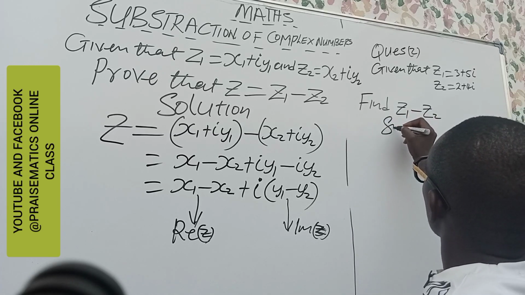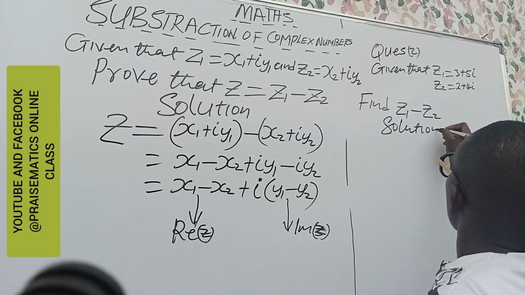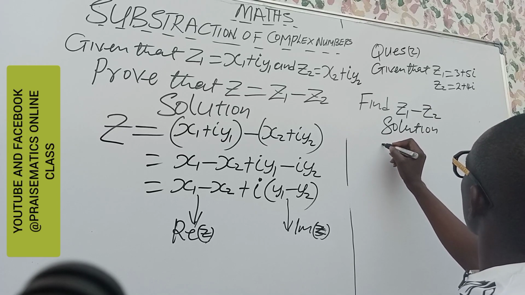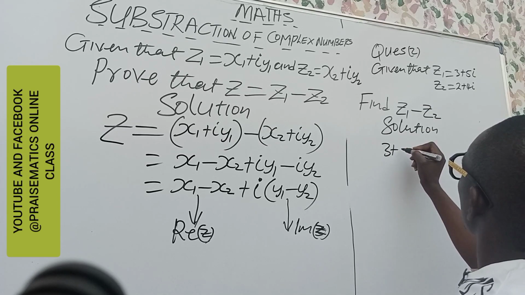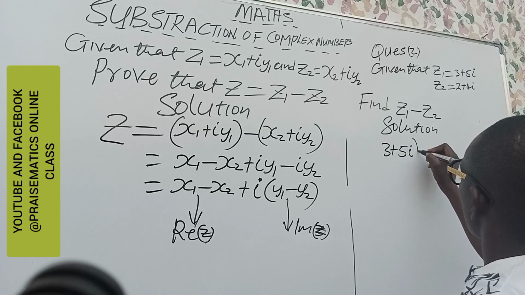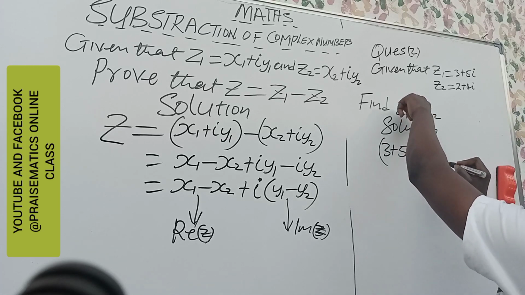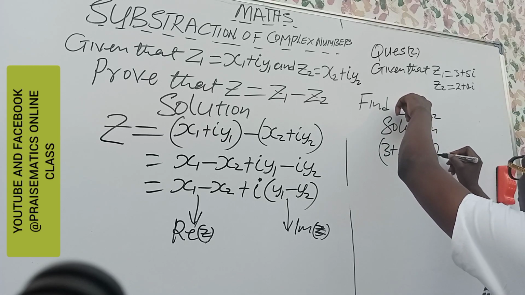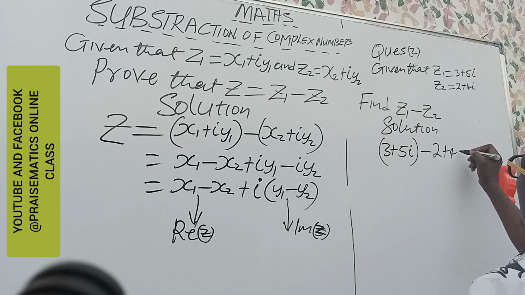What do we do? Solution. z1 is 3 plus 5i minus z2, 2 plus 4i.